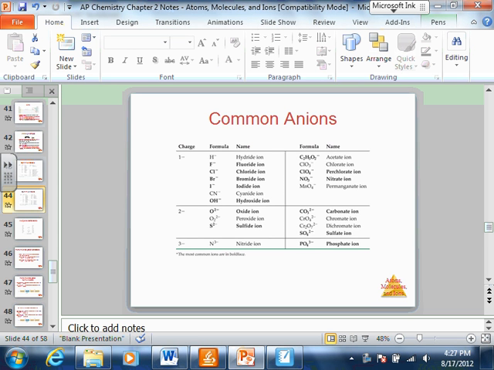Now, I'm going to give you that probably for your first, maybe second quiz. By the time we get to the first test, you need to have that list memorized, okay? Because they do not give you those polyatomic ions on the AP exam. You need to know these, okay? And I'll tell you which ones that I think you should know.